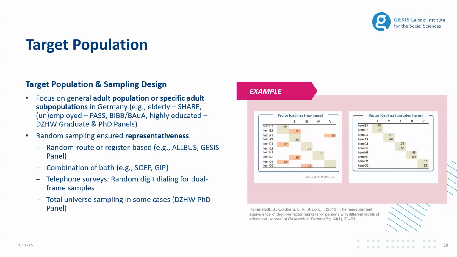We identified that the lower educated have a higher tendency for acquiescent responding, and when we controlled for acquiescent responding, the intended five-factor structure came up in an ideal pattern. So the blurriness was due to this tendency for acquiescent responding.